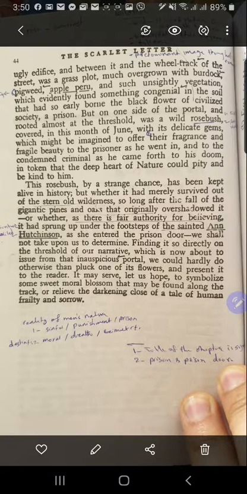So this rose bush, by a strange chance, has been kept alive in history, but whether it had merely survived out of the stern old wilderness, so long after the fall of the gigantic pines and oaks that originally overshadowed it. It is a reference to Anne Hutchinson, a lady who was imprisoned for her religious beliefs, and she was supposed to pass by that rose bush, and this was a kind of blessing from that lady who died. Her blessing remained in the place and this rose bush appeared, some supernatural reference.